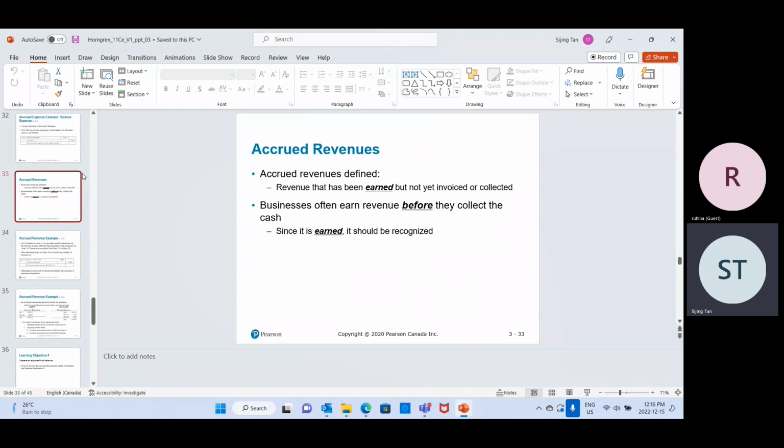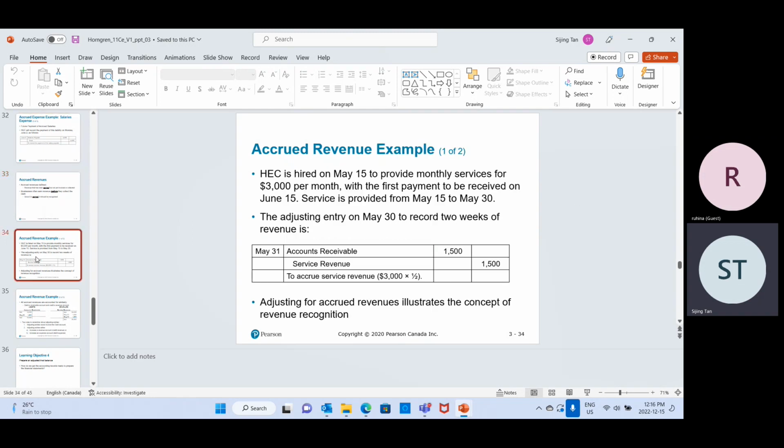Now the next one will be accrued revenue, which is like an interest revenue. That is revenue that has been earned but not yet invoiced or collected. Since it meets the revenue recognition criteria we already talked about, whenever the revenue has been earned, we have to recognize it. Right?